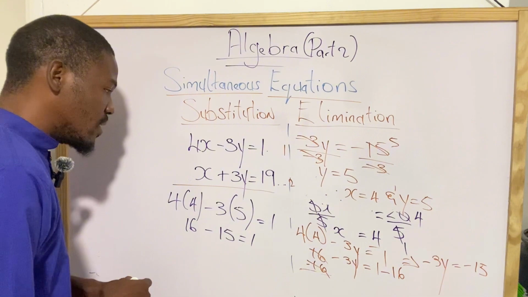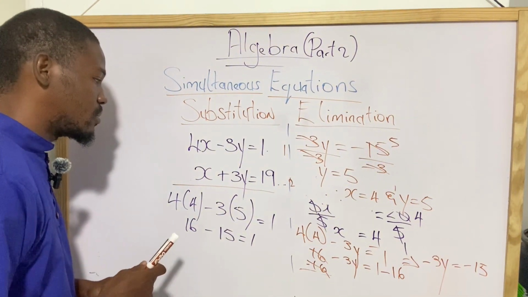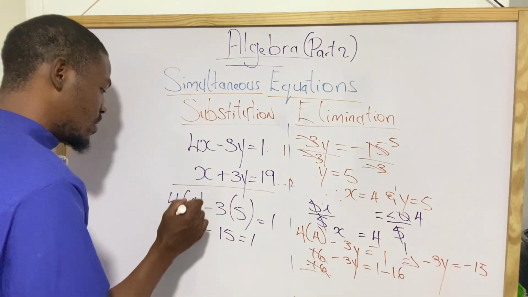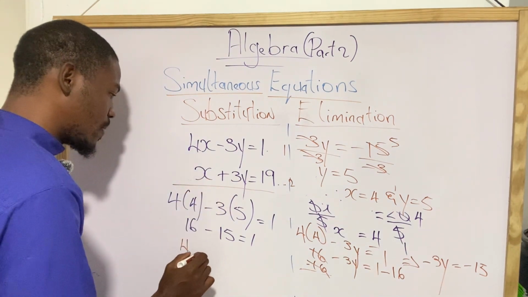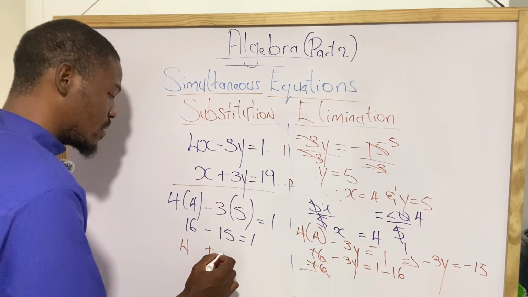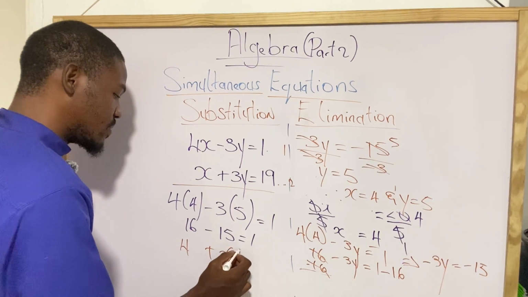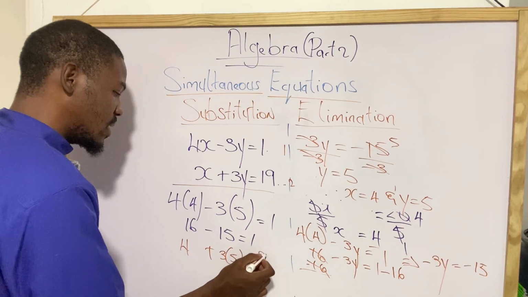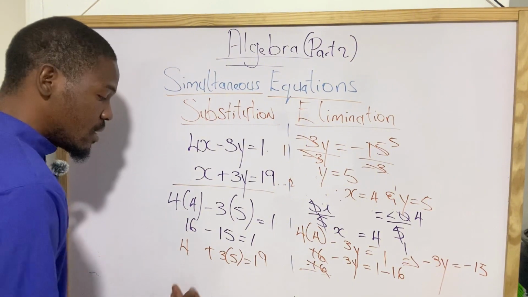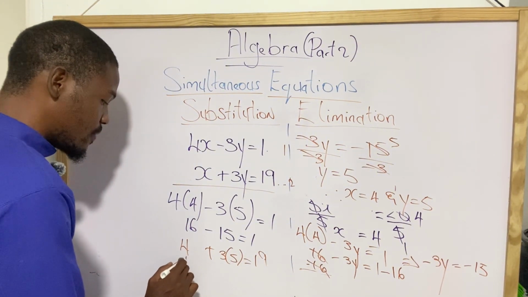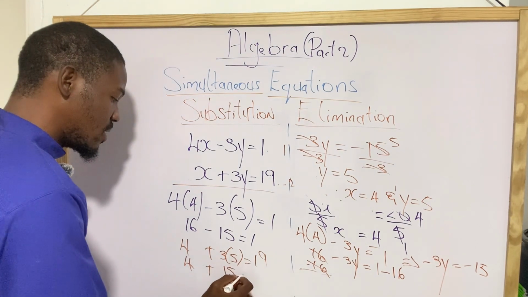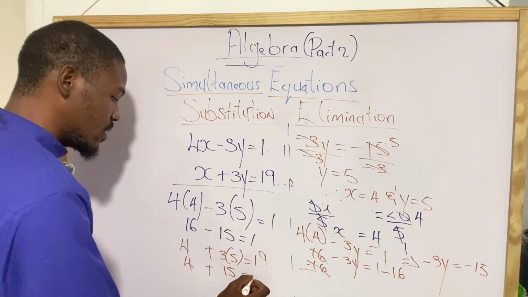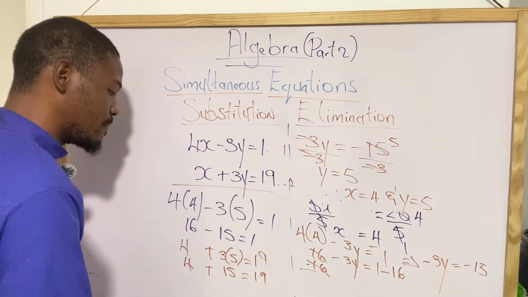Let us go to the other one. We're just going to use the other equation now to see if it works. We know that x is 4, and we know that 3 times 5 is 15. We say that 4 plus 15 is 19, right? So let us see now if this is correct. 4 plus 3 times 5 is 15, and 4 plus 15 equals 19.